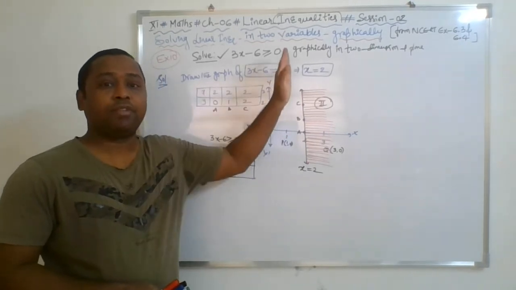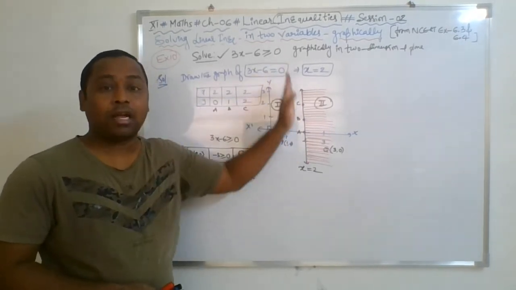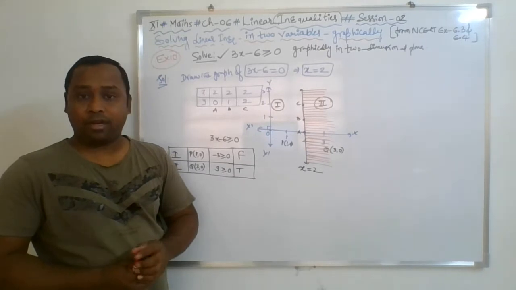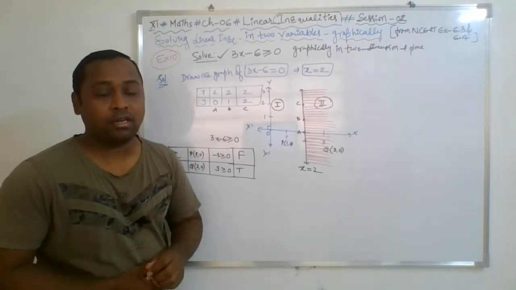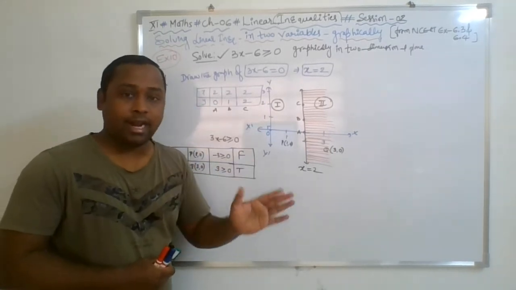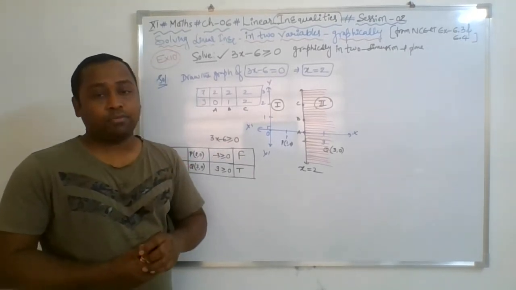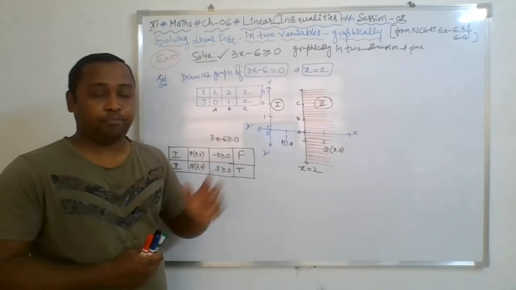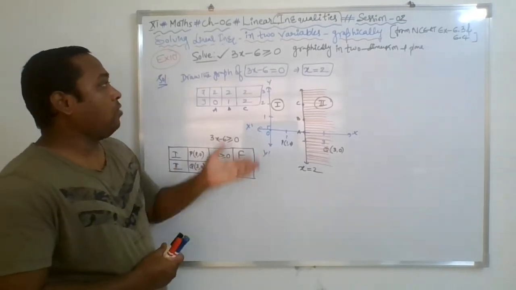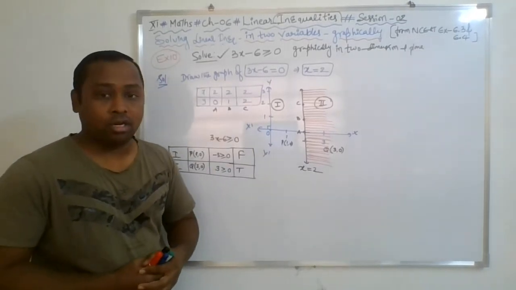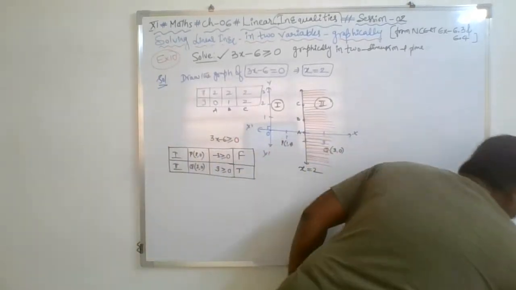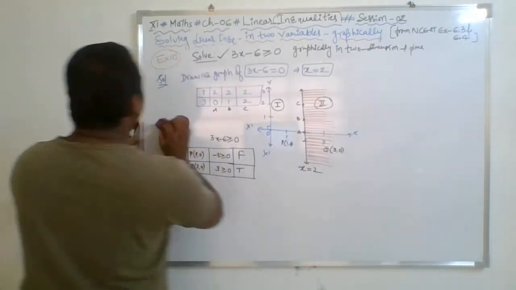Hence, we are drawing with a straight line or darkened line. Clear? This is a logical reason to draw the darkened line and the broken line. It's a very important point while plotting the line. Right? Fine. Now we are going to take the third question. For example, that is example number 11.